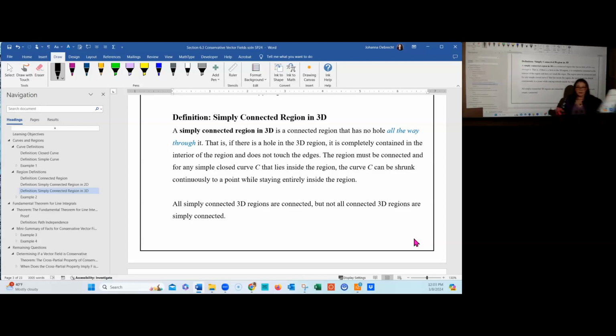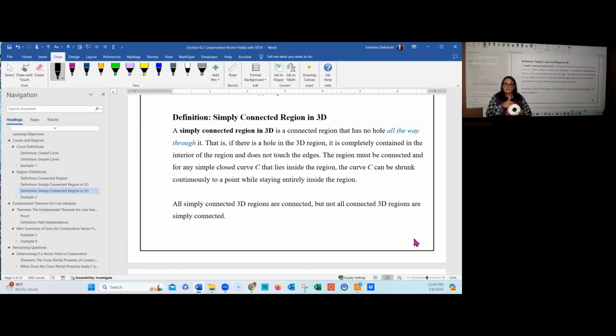Let's take a look at a paper towel roll. If you look at a paper towel roll, we can call this a region, and notice that it would not include the hole that goes through the center of the paper towel roll. The problem here is, while I can get from one point on the roll to any other point on the roll without leaving the roll, I cannot put a loop around it and tighten the loop tighter and tighter without eventually leaving the region.